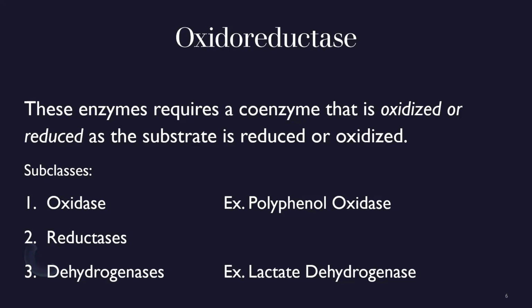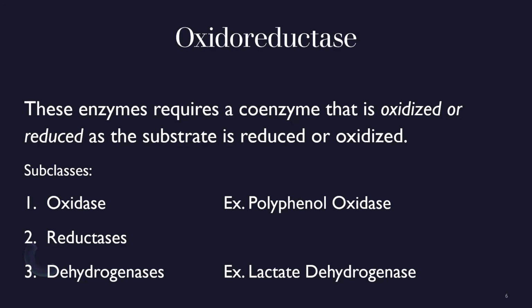So, for example, we have polyphenol oxidase. As we can see, we have a substrate that is polyphenol, which is reduced, and then oxidase, which is the type of reaction that will occur. Or dehydrogenase.